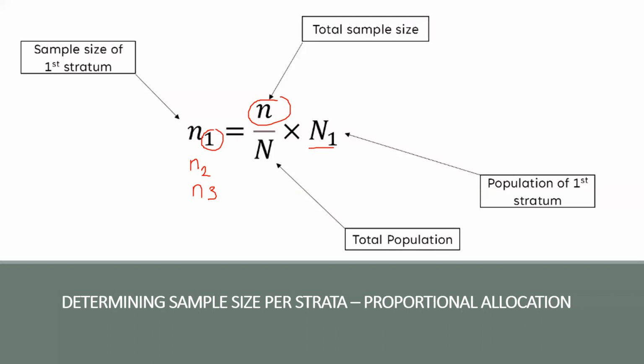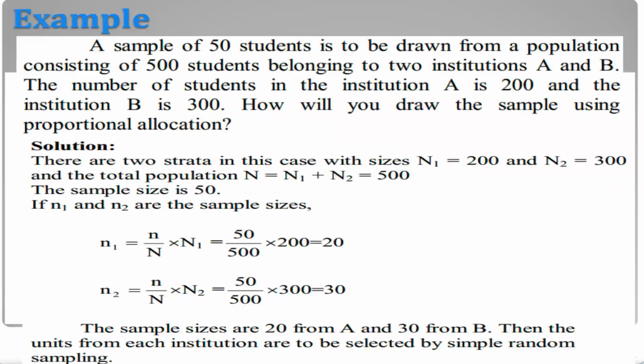So let's have an example. You have here a sample of 50 students, which will be drawn from a population consisting of 500 students belonging to 2 institutions. Your institution A has a population of 200 and your institution B has a population of 300. So how will you draw the sample using proportional allocation?